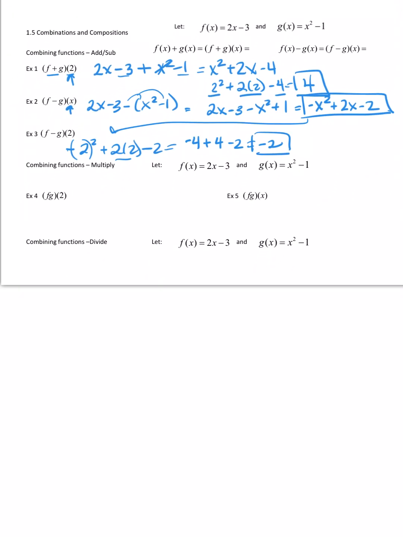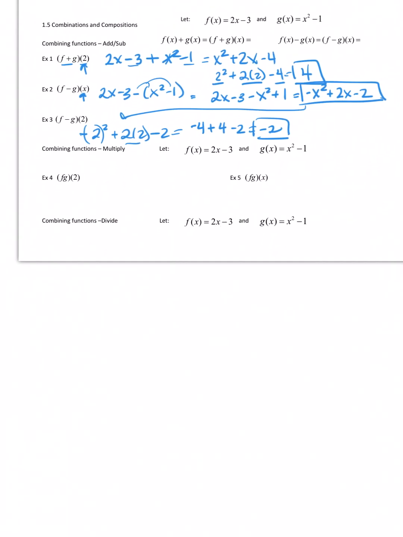Now the next thing we're going to do is multiply. So when we multiply expressions like this, we would use FOIL, or we would use box method, or something like that. So let's look at our notation, f times g of 2. All right, now a couple ways you can do this. Since there is a number here, you can take that 2 and plug it into f.